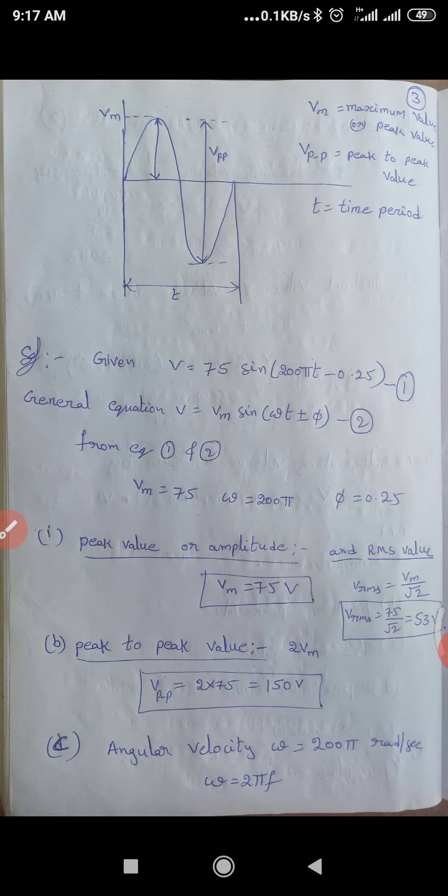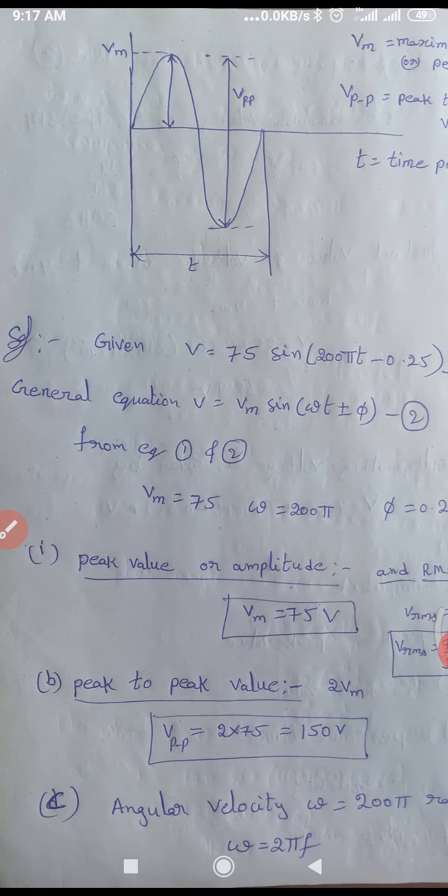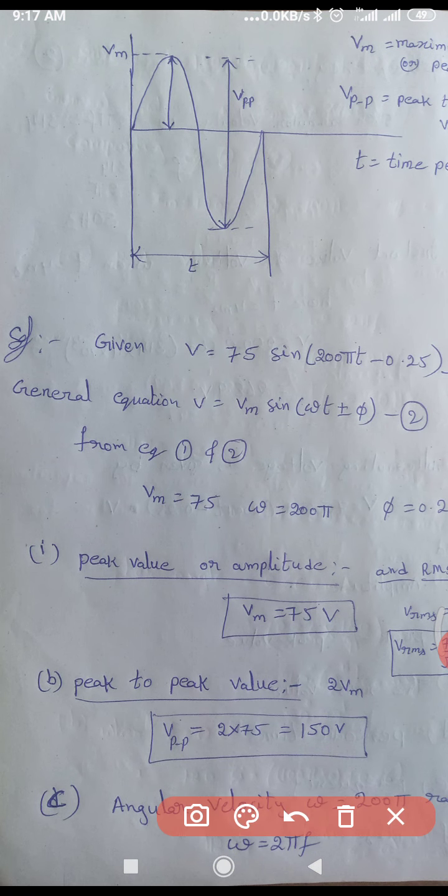So let us solve the problem. In our problem, given that V is equal to 75 sin(2 pi t minus 0.25). Now compare with the general equation, V is equal to Vm sin(omega t plus or minus phi).